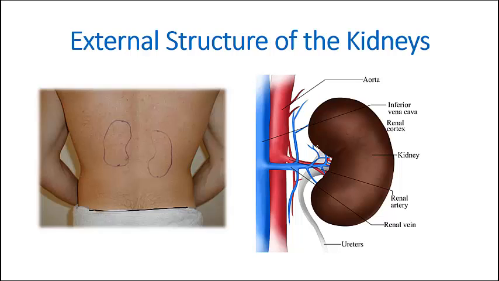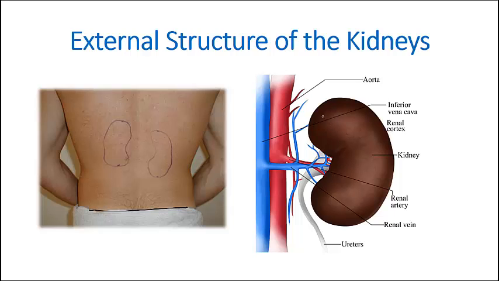If you look at the external structure of the kidney, this bean shaped structure is embedded in the fatty adipose capsule. These kidneys are retroperitoneal, that means lying against the dorsal body wall of the upper abdomen.